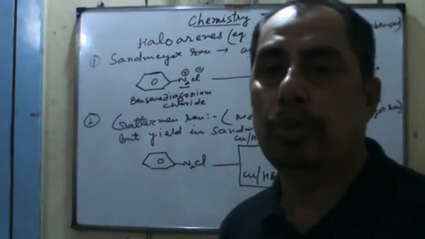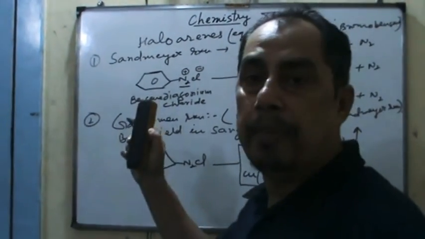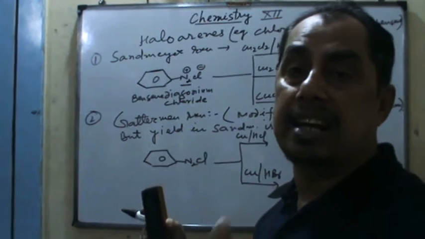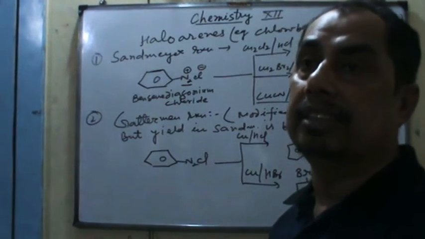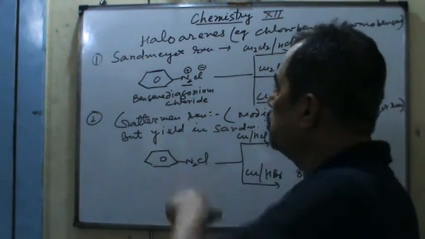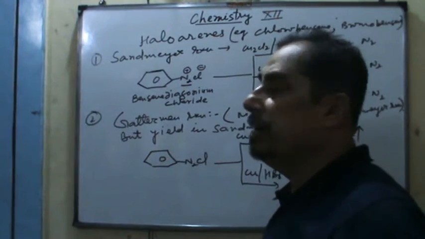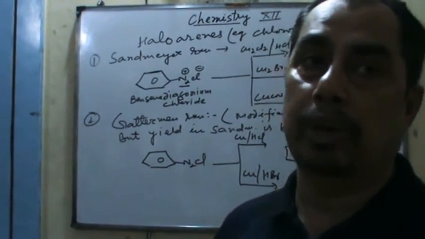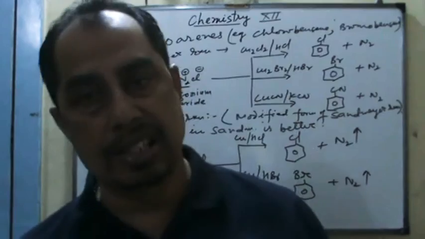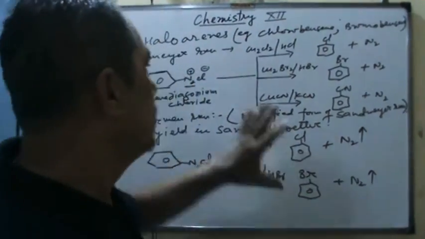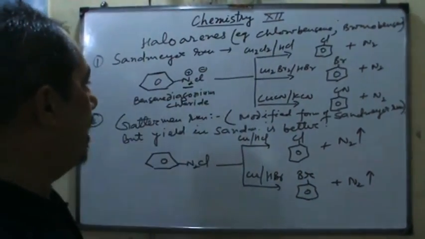Gattermann reaction is a modified form of the Sandmeyer, but yield in Sandmeyer is better than Gattermann reaction. These two reactions will help you when we discuss amines in this unit. There we will discuss the same thing. So you remember, these two are very important reactions.